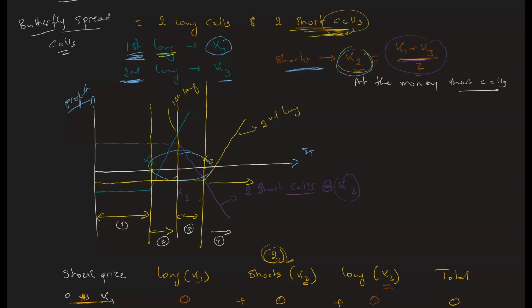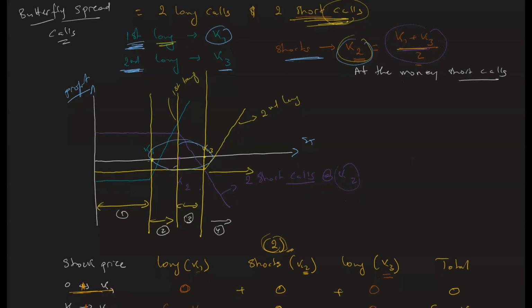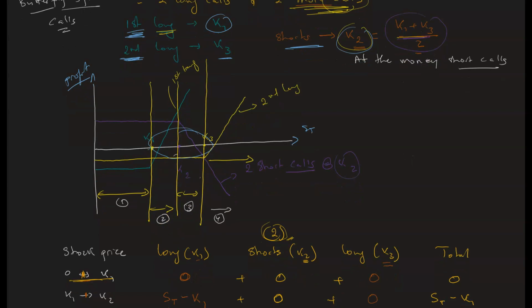So K2 is equal to strike price 1 plus strike price 3 divided by 2. What that means is that 2 times strike price 2 is equal to strike price 1 plus strike price 3, which means that 2 times strike price 2 minus strike price 1 is equal to strike price 3.